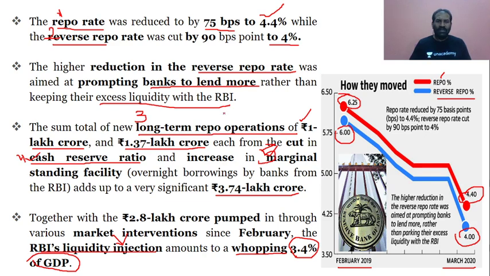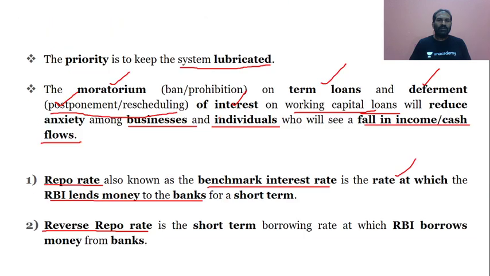So that means the banks will have more money at a lower interest rate. Please do understand, it is the rate at which the RBI will lend money to the banks. So at what interest is the RBI lending money to the banks? Now it is at 4 percent. Earlier it was 6 percent. So there is a 2 percent difference when compared between February 2019 and March 2020.